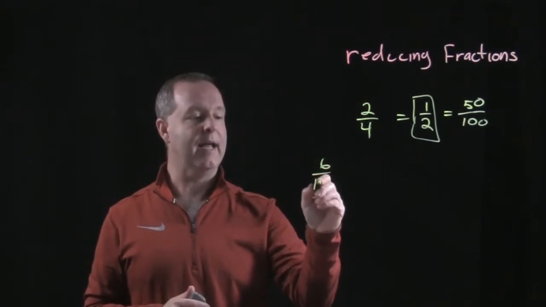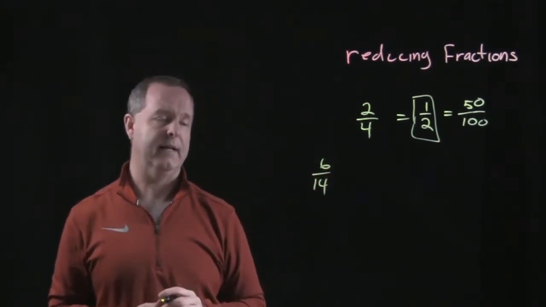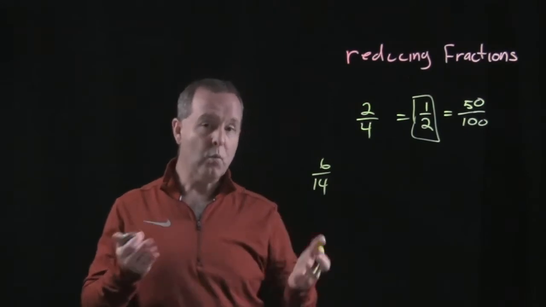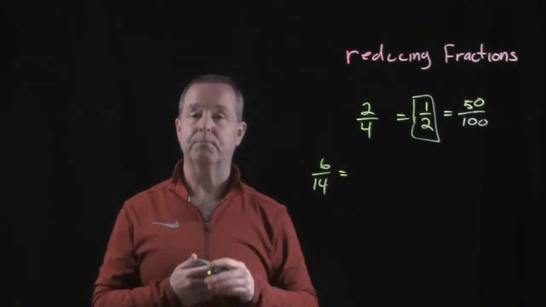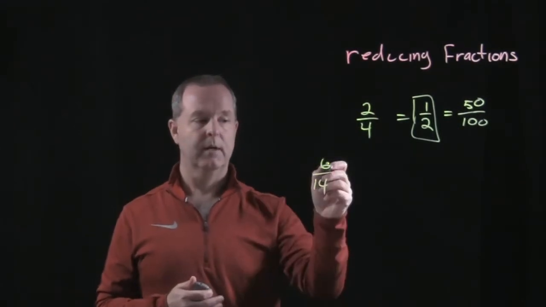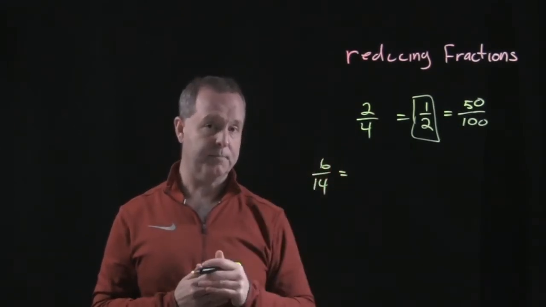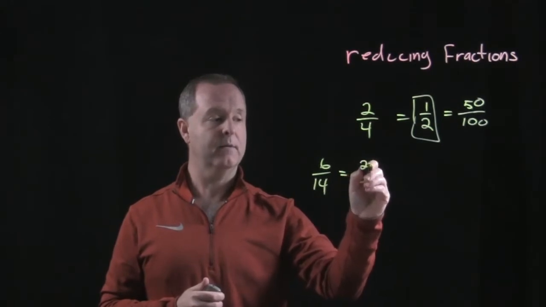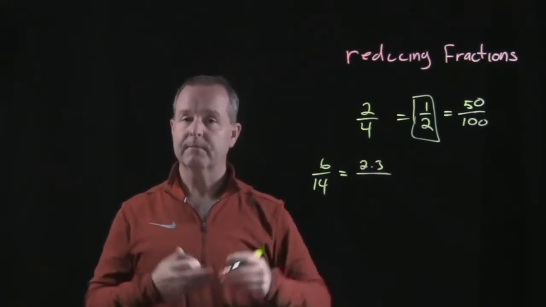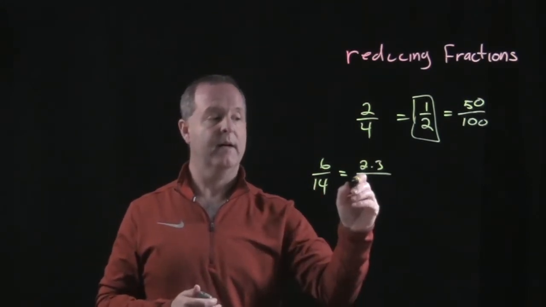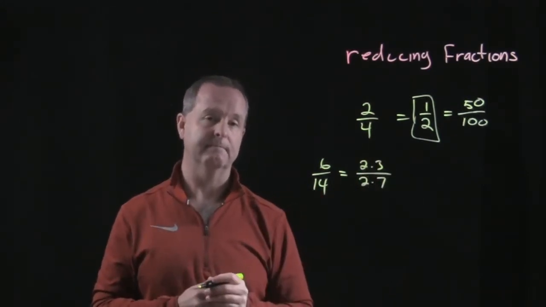Let's look at an example like 6/14. One way to do this is to rewrite 6 and 14 into their prime factorizations. If I were to factor 6 all the way down to its primes, that would be 2 times 3. 14, if I were to factor tree that down, would become 2 times 7.